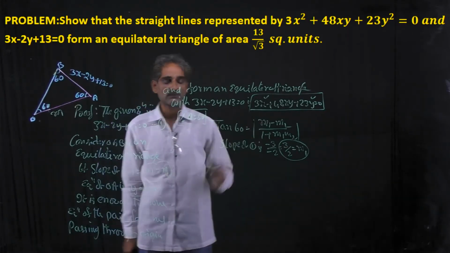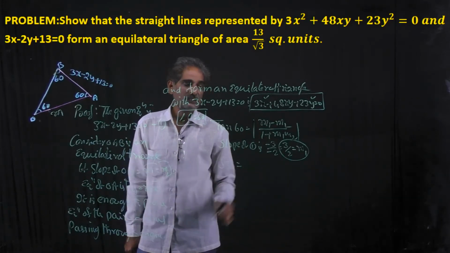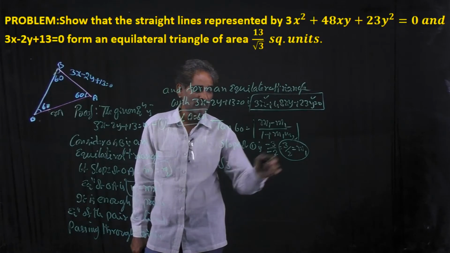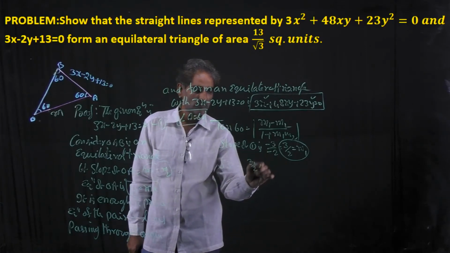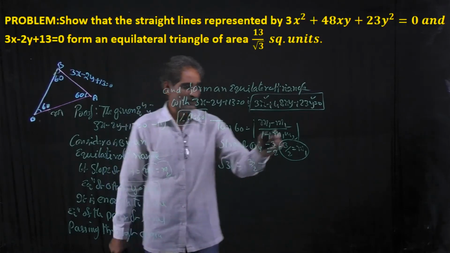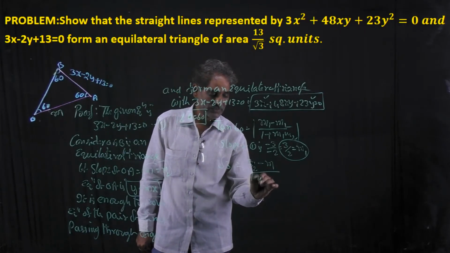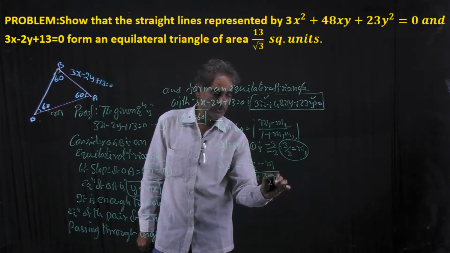Now substitute the m1 and m2 values. Tan 60 is equal to root 3, that is equal to, what is the m1 value? m1 is equal to 3 by 2 minus m2, that is m, by 1 plus 3 by 2 into m.